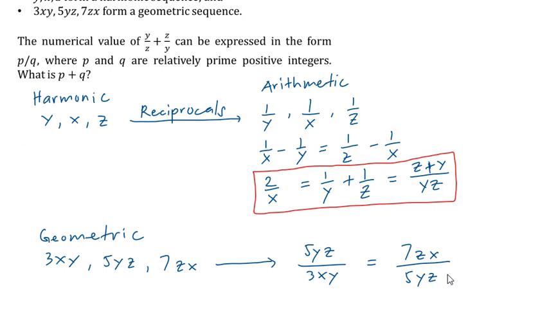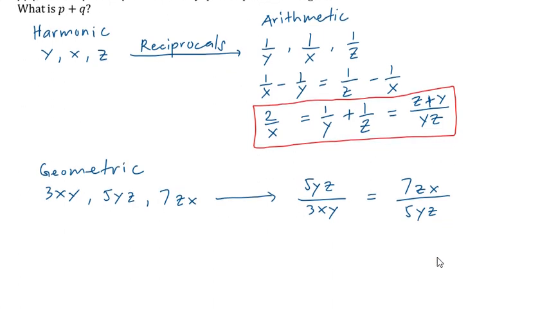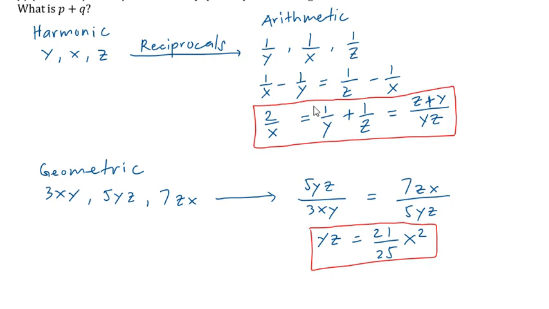Now, if we clean this up and solve the equation in terms of x squared, after cancellation of common factors, we get yz equals 21 over 25x squared. So this is now our second equation. What do you notice about the equations we've come up with so far? The first equation contains z plus y, or y plus z, and yz.